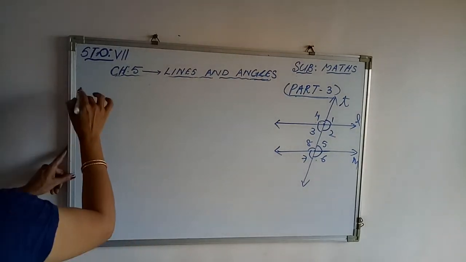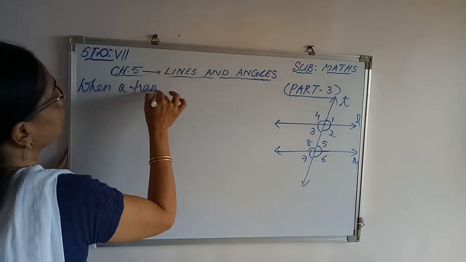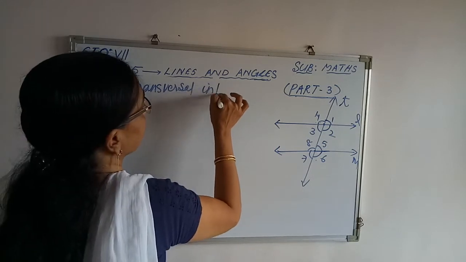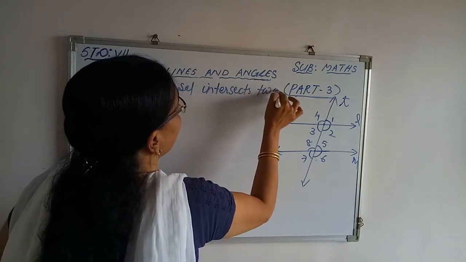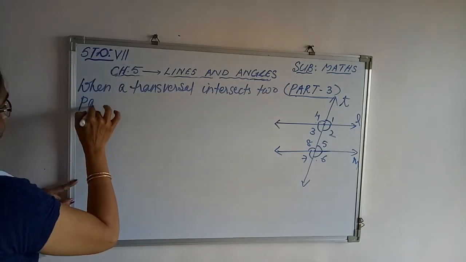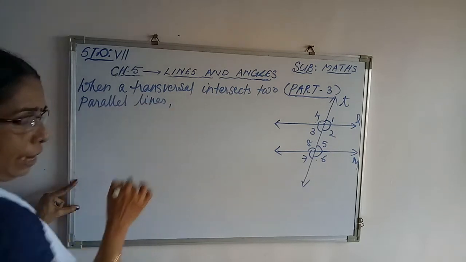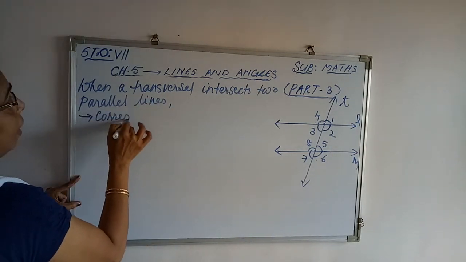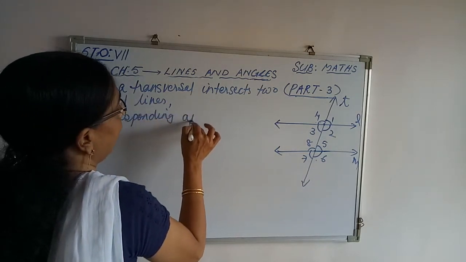So, when a transversal intersects two parallel lines, the first point is: corresponding angles are equal.